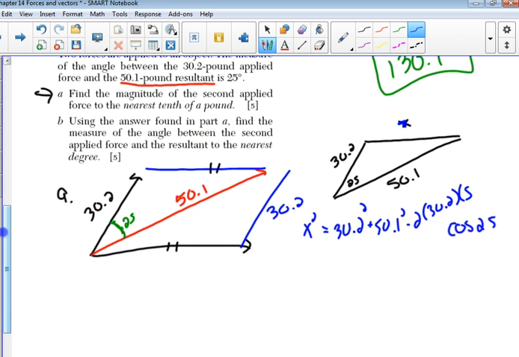Did we get far enough to see what the side was? What did you guys all get? 26.07. Yeah, 26.1. Well, it's just rounded. Yeah, you're supposed to round. I'm just saying the actual answer was like 21, without it being rounded.